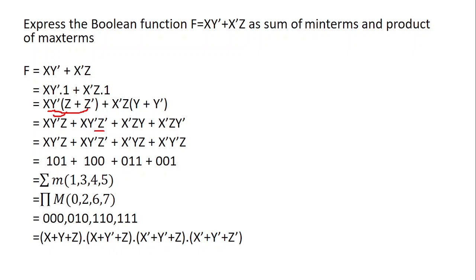So this is the next term, and there is definitely a plus. Similarly, take x bar z, multiply it with y. So x bar z y. In the same way, x bar z, multiply it with y bar. Then you get x bar z y bar. When you multiply, you get this one.